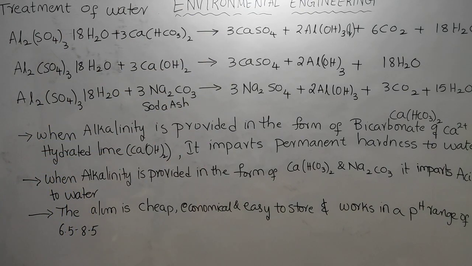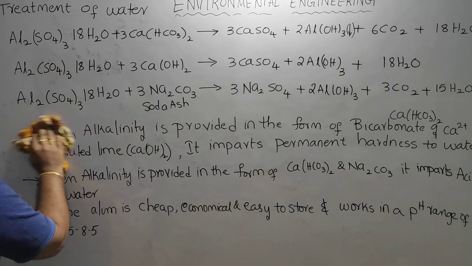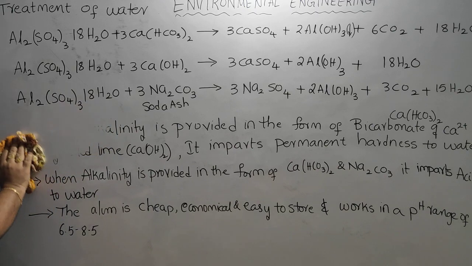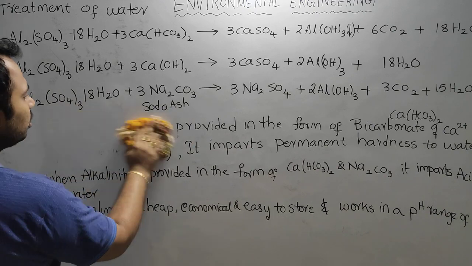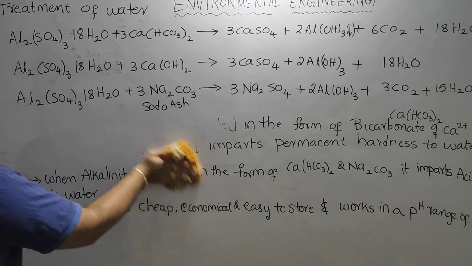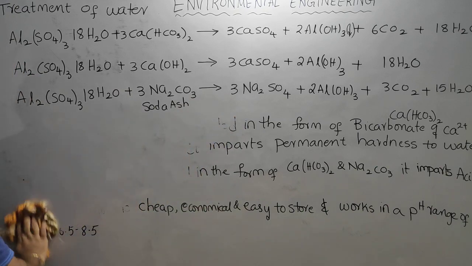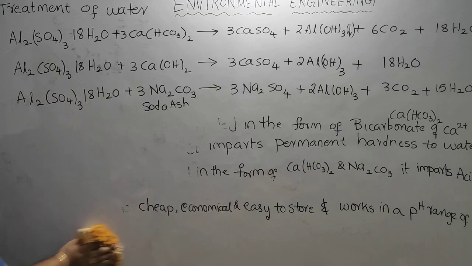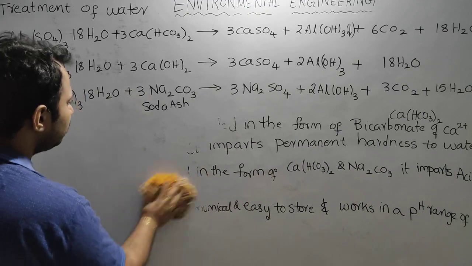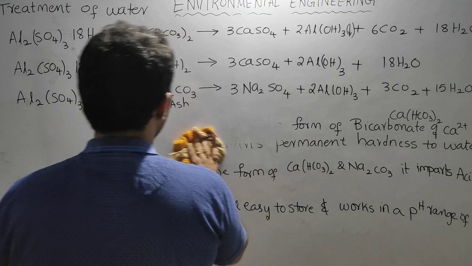One part of alum creates how much flock, and one part of alum creates how much carbon dioxide. That is also sometimes asked, so we need to derive a relationship for them also. After that I will explain what needs to be done if there is impurity.